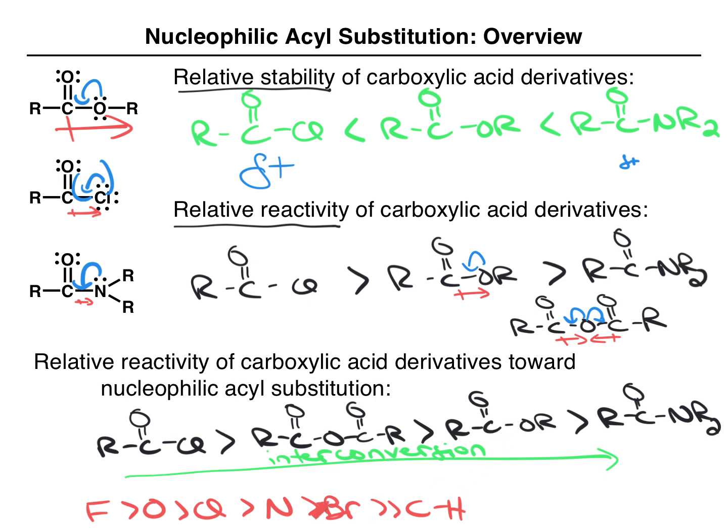But an ester cannot be converted to an acid chloride by nucleophilic acyl substitution. With anhydrides, because this is a pretty unstable carbonyl, these can be converted to an amide that has a more stable carbonyl. So interconversion works to the right, not to the left.